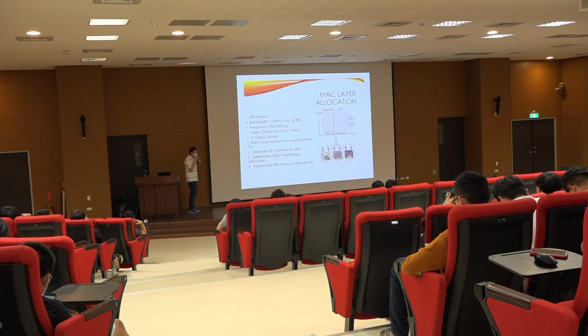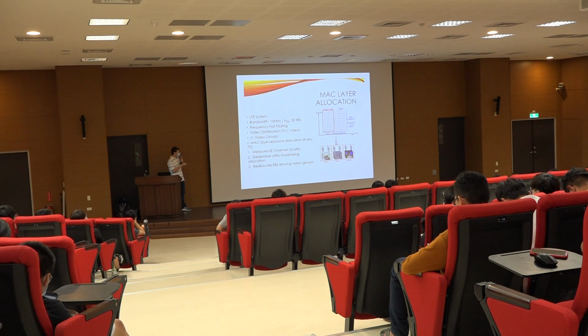But how do you tell a base station what you can receive? It's not, I'm interested in receiving some video stream and that's it. You have to say, what's the channel quality between the base station and me?